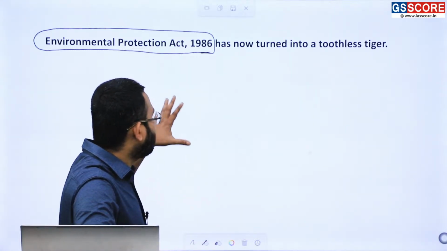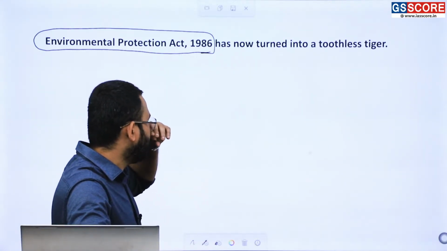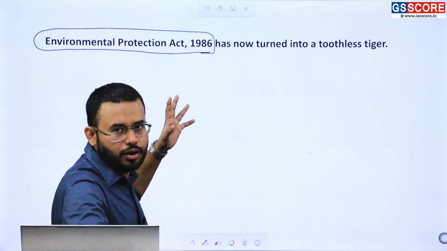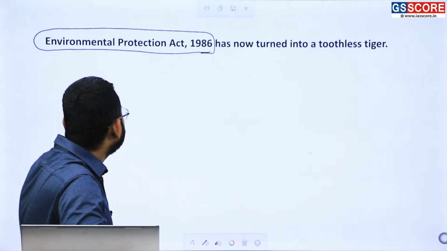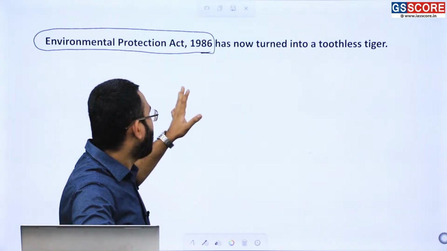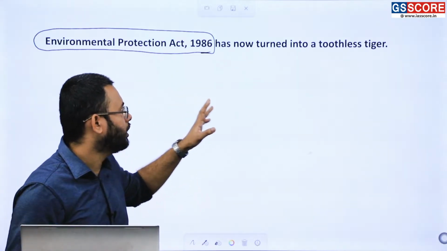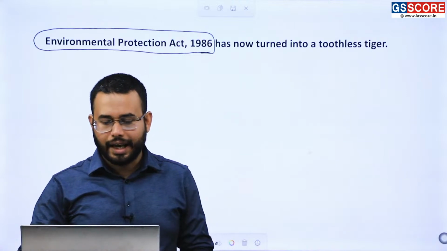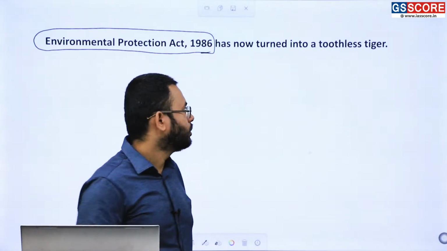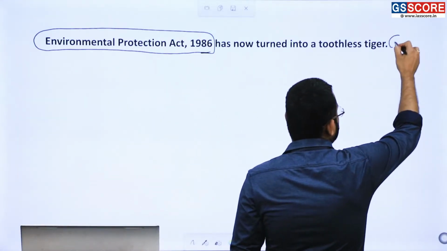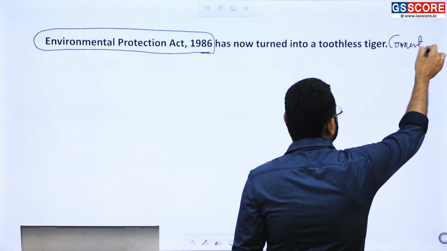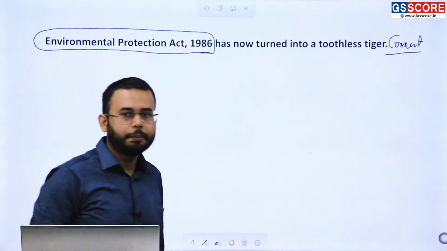Now they are asking you to analyze the effectiveness of this act, because they are saying the Environmental Protection Act 1986 has now turned into a toothless tiger. Comment. So the keyword given here is comment, on whether you agree with this or not, right?